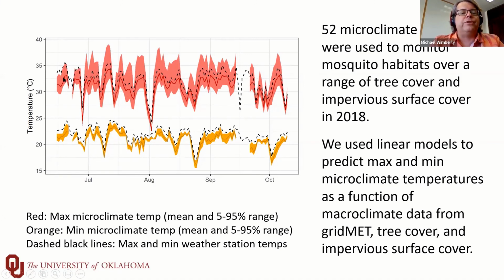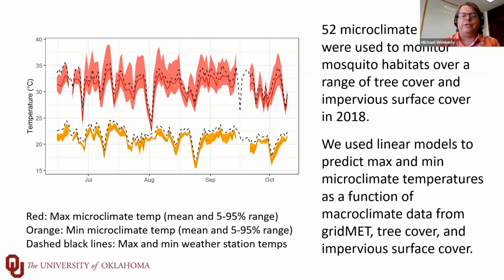And then the red and the orange are the range of microclimate temperatures that we sampled at these 52 locations. The point here is that the microclimate temperatures are much more variable, and in some cases, for minimum temperature, tend to generally be cooler than what we get at that one weather station.